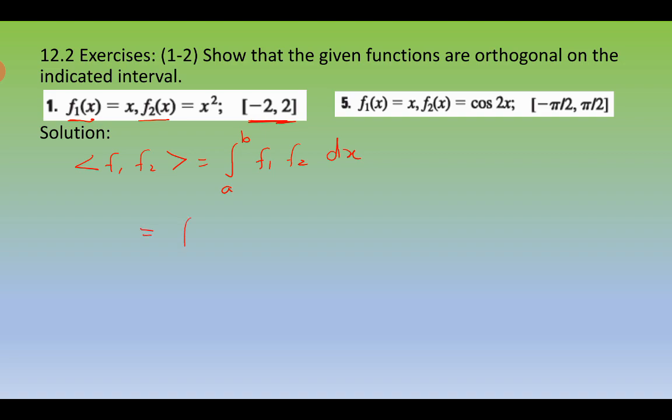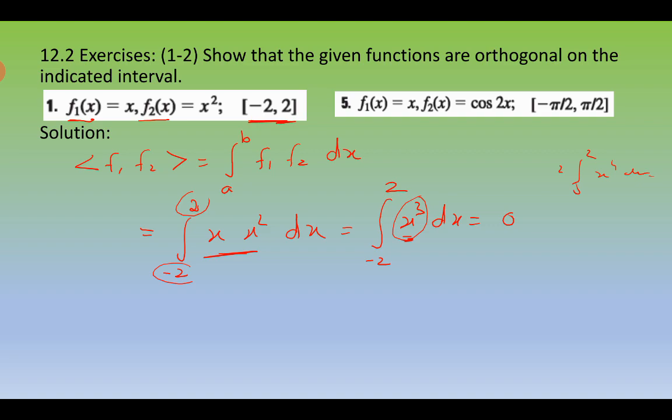So integration from -2 to 2, f1 is x, f2 is x squared, dx. And you remember, when the limit is symmetric, from negative to positive the same number, and the function is odd, without integration we can say the answer is 0, and you can also integrate it. If this term were an even function, then you could write 0 to 2 times x to the power 4 dx. It is possible to simplify.